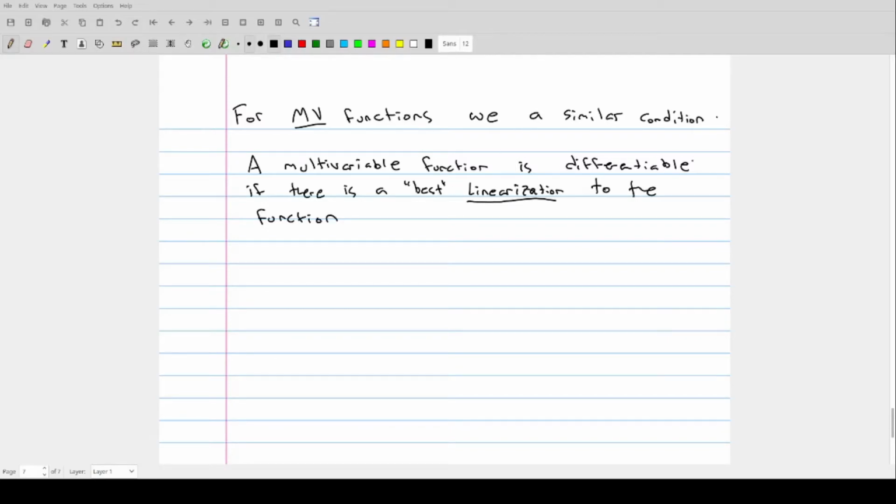I should say here, differentiable at a point r naught if there is a best linearization to the function at that point.